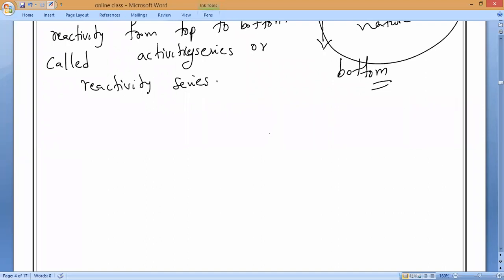It means how fast it will react, how fast it will donate the electrons, or how slowly it will donate the electrons. Based upon the donation, we can decide whether it is reacting fast or slowly. More fast donating means more reactive, and more slowly donating means less reactive. That is what you have to remember.